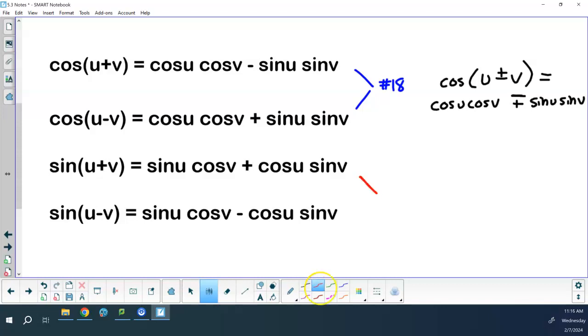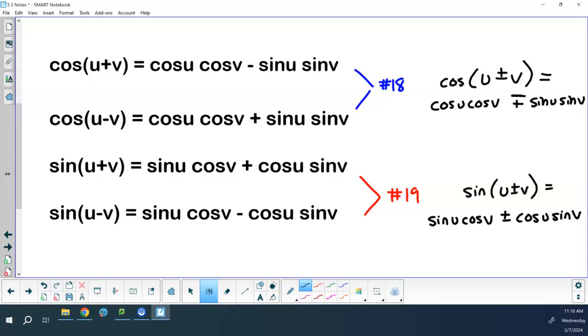These two are number 19, and those would be the sine of u plus or minus v is equal to the sine of u cosine of v plus or minus cosine of u sine of v.